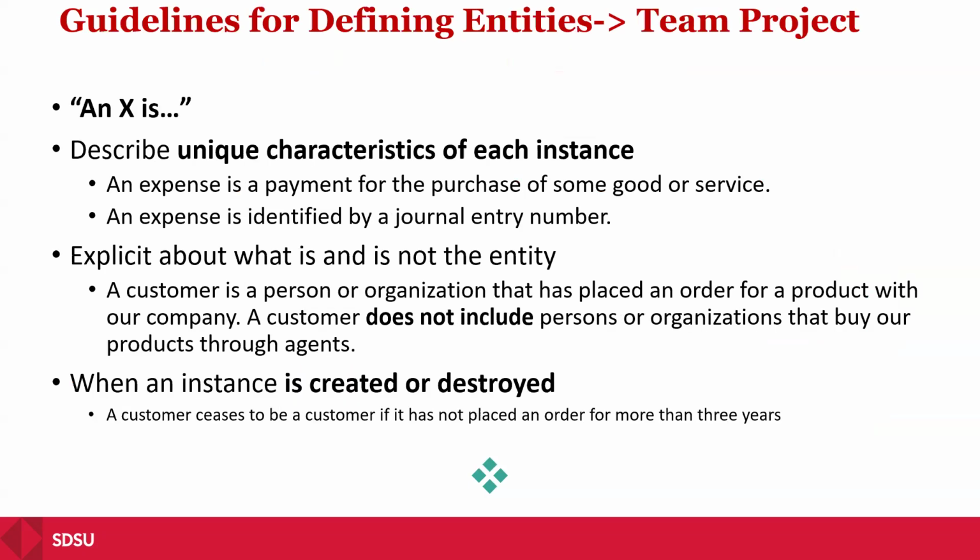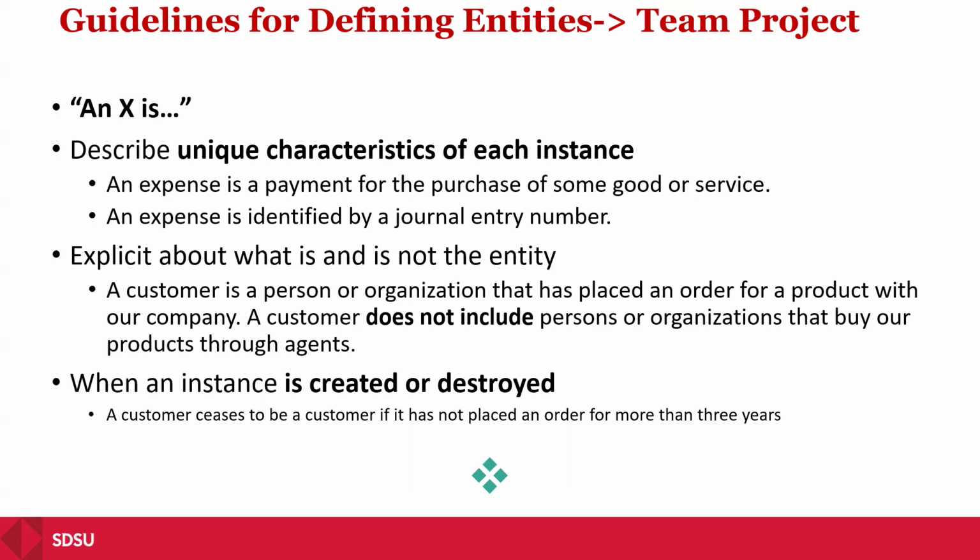A couple of guidelines for team project entity definitions. The way you define entities, a good format is "an X is". For example, a student is a person who takes classes in the university. A concert is an event that is attended by multiple people. Here's another couple of examples.